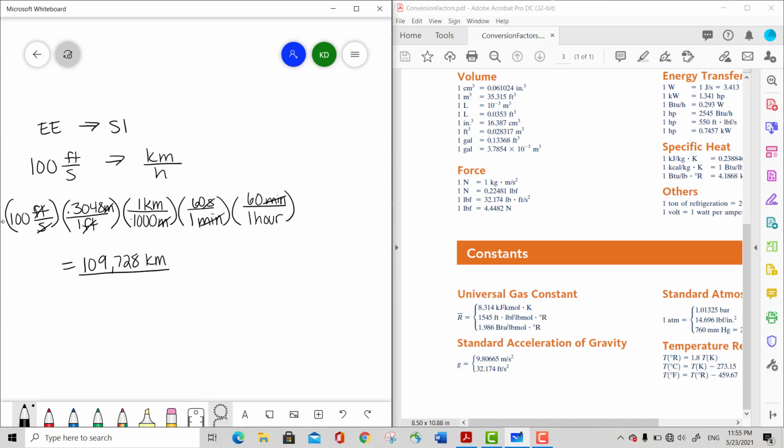And when you multiply across on the denominator, you've got 1,000 hours. And then when you divide by that, you're going to end up with 109.728 kilometers per hour. So it's just a really easy example. Of course, you'll have some of these too.